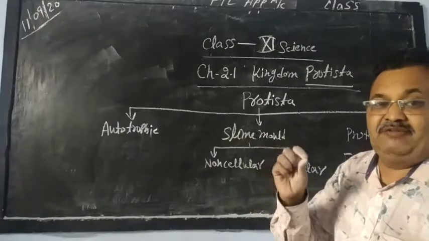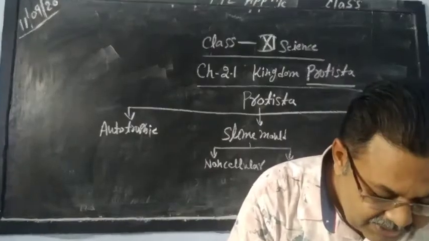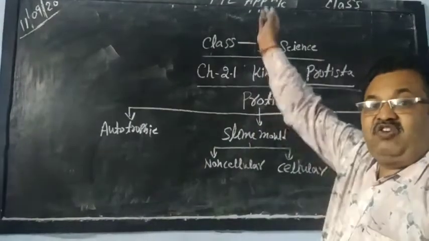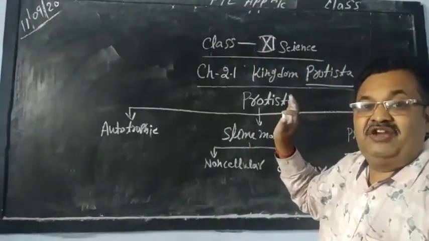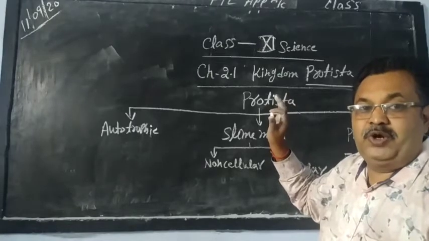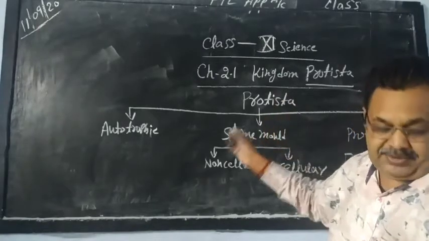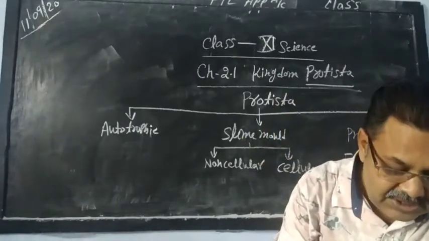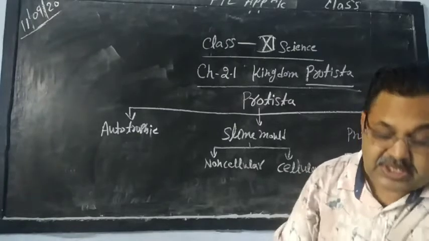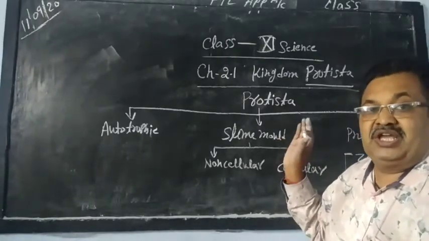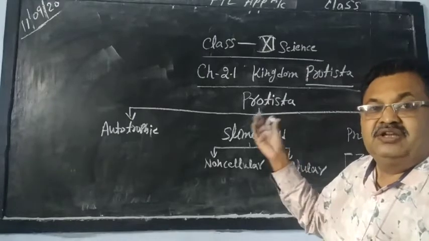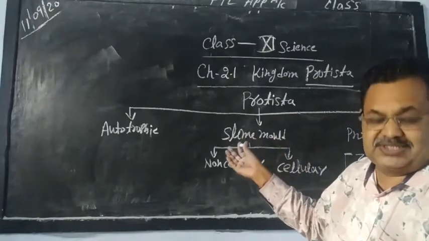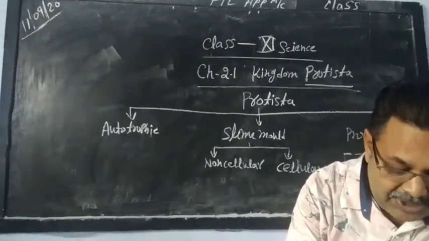Sarcodines have false feet, or pseudopodia. Example, amoeba. Third one is sporozoans. Sporozoans locomote through the spores, for example, plasmodium.